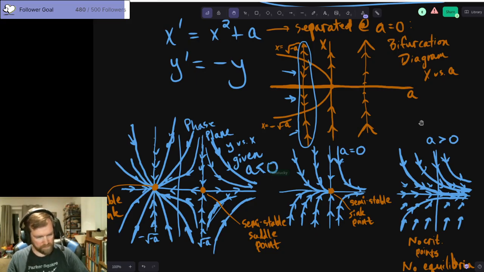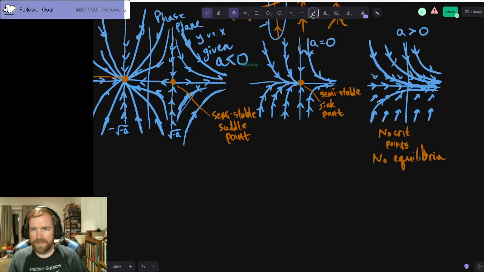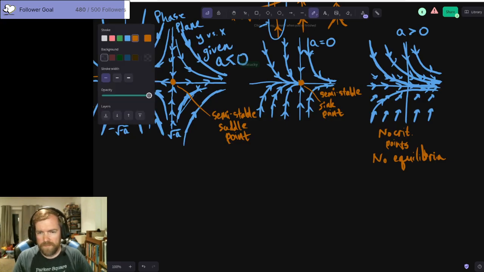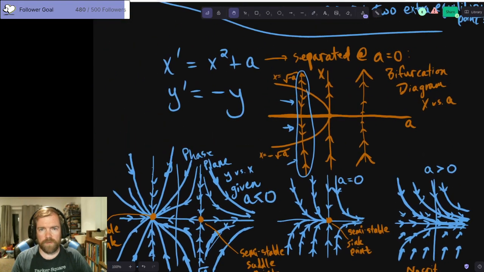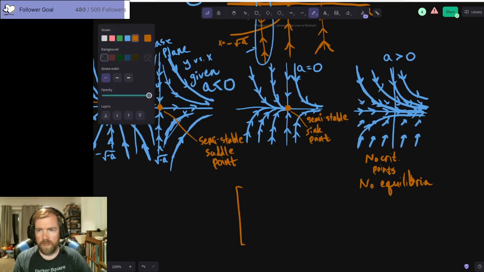Yeah, and what happens if we linearize at a equals 0? Because that local picture doesn't look like anything we've seen so far. Right, so if we linearize, that is doing the Jacobian at the point where we have, this would be x squared, so we're going to get 2x, 0, and then 0, negative 1.